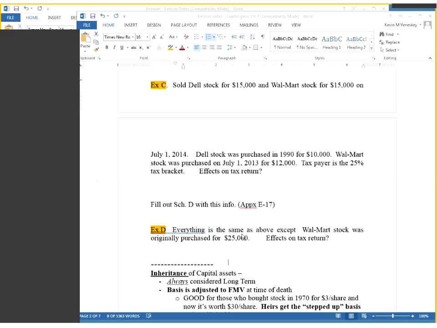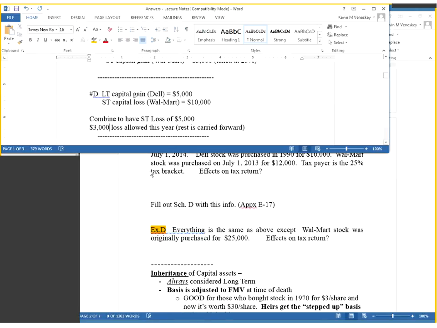On line 6, we definitely will have an example where we have a carryover, and that carryover would be the example that we just did, where I had a $5,000 loss and $3,000 that I'm allowed, and then the rest of it's carried forward, so it would be $2,000.